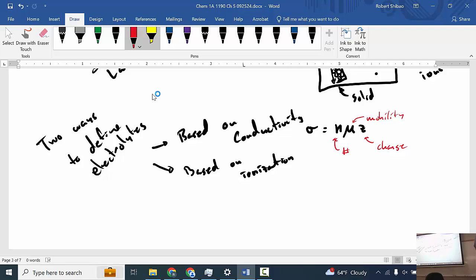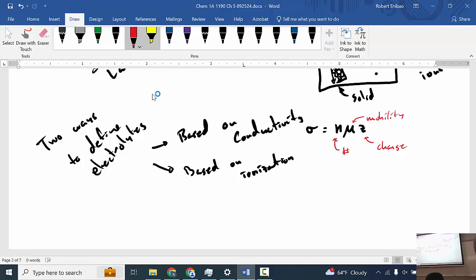Yeah. So metals conduct. And so this is called an open circuit. And when I put the piece of metal here, that closes the circuit. And what's conducting electricity in metals are electrons. There are a lot of them in metals. They have good mobility, and they have charge. Charge is -1.